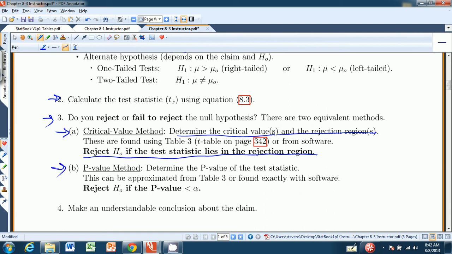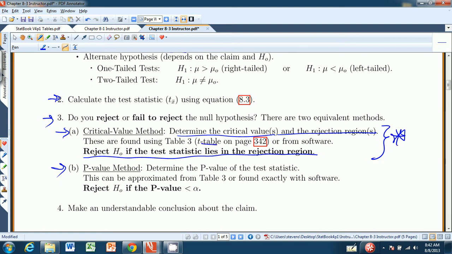The p-value method, we're going to sort of stay away from that for now, just because it's not good for us table users. If you have software, it's a perfectly good method, but getting the p-value from a t-distribution is just a tad bit tricky, and so we're going to avoid it because we have some other method that works just fine. We'll stick with this.